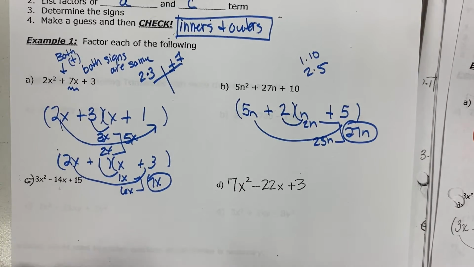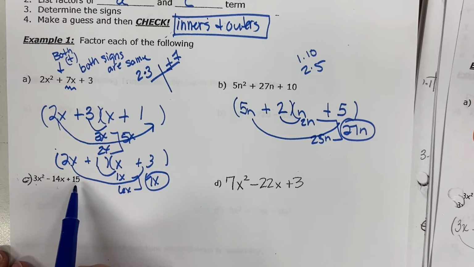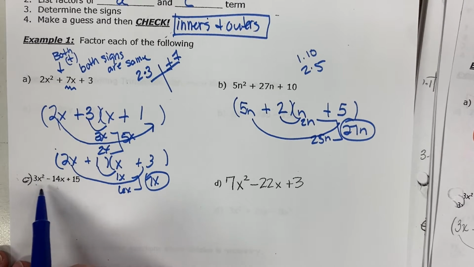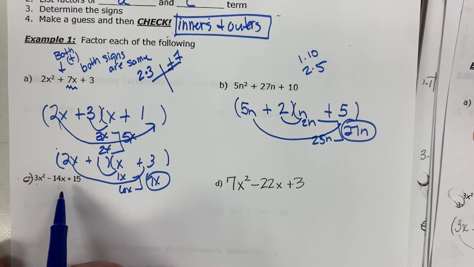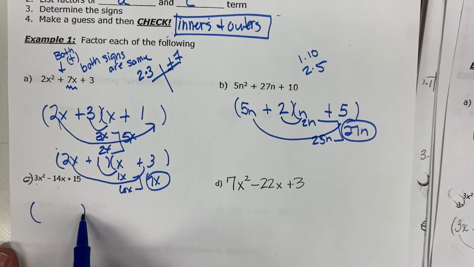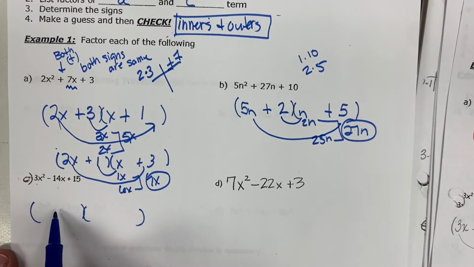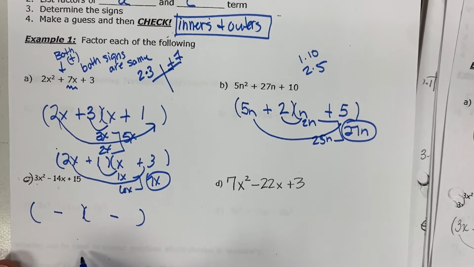All right, looking at letter C, I check for greatest common factor between 3, -14, and 15. The greatest common factor is going to be 1, so I do not have to pull anything out. This 5 tells me that the signs are going to be the same, and they're both going to be negative.